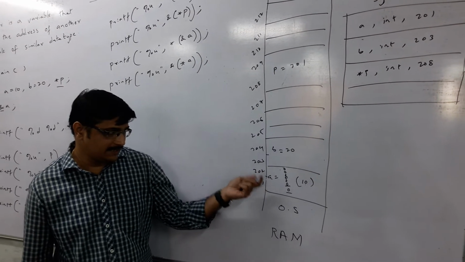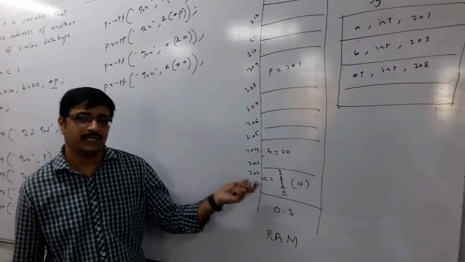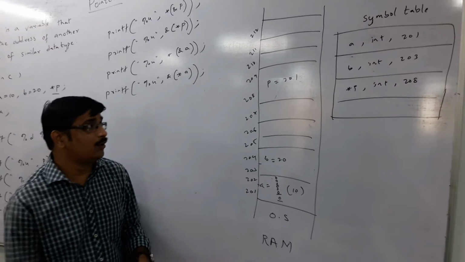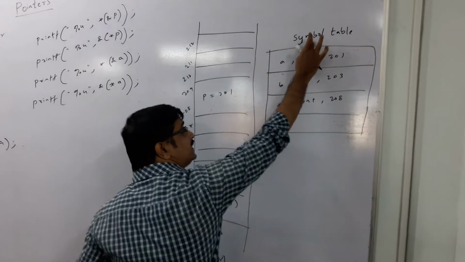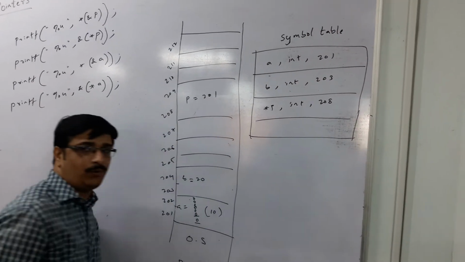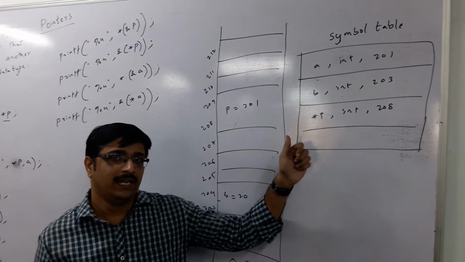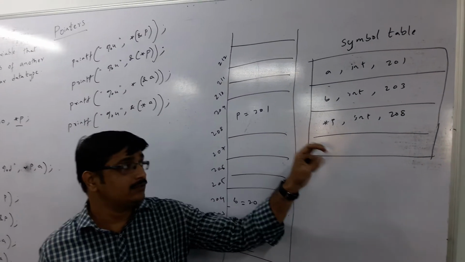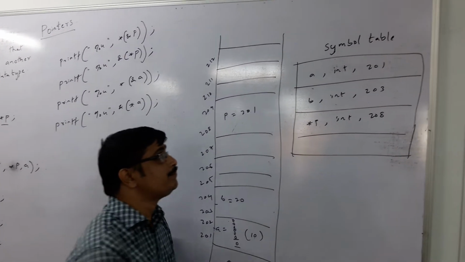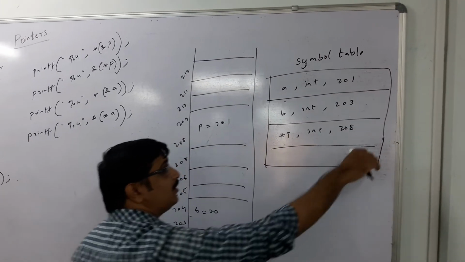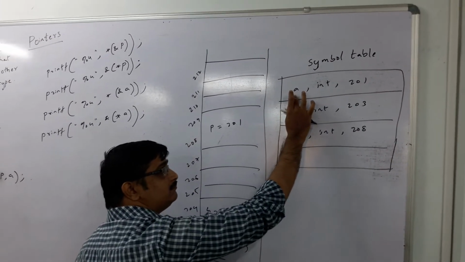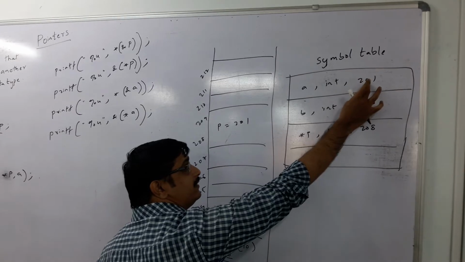Then where will this variable a be stored? This variable a will be stored in something called the symbol table. Every time, the processor first goes to the symbol table to get the information. The symbol table consists of the variable name, the data type, and the starting address.